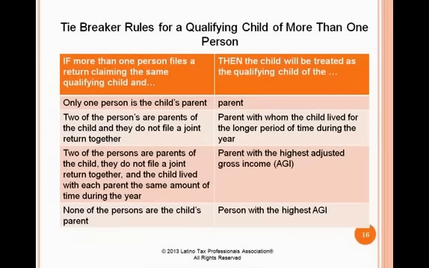So if more than one person files a return claiming the same qualifying child and only one person is the parent, then the parent is the one who has the qualifying child. But one key difference, and these tiebreaker rules are great for dependents. You know, a dependent doesn't necessarily have to live with you, but you are still providing over 50% of their support, which means you have the right to claim them as a dependent.